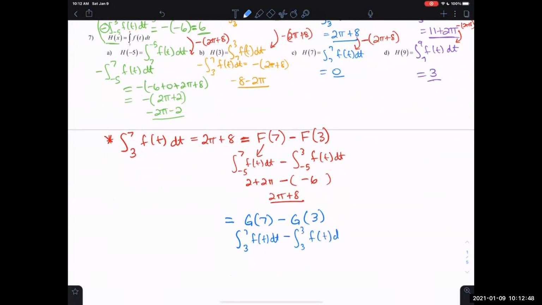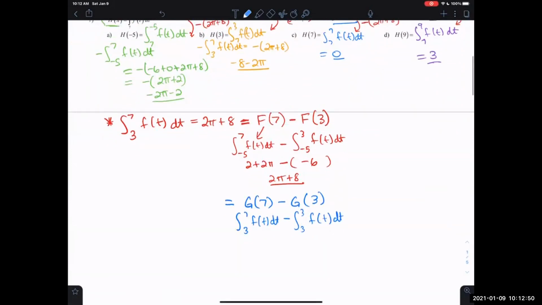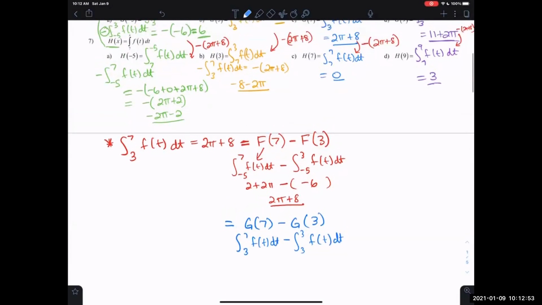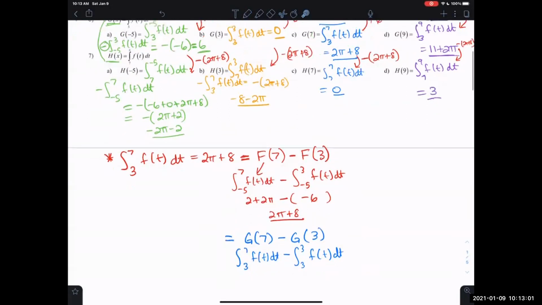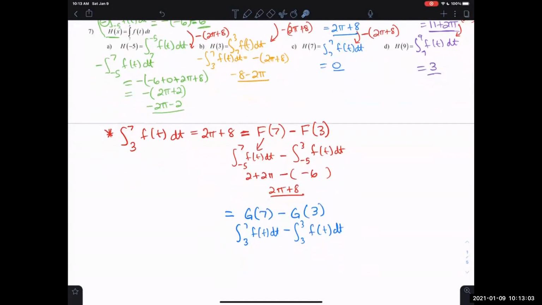Recognize that one. So I just have to reference back. 3 to 7 on G is right here, and that was equivalent to 2 pi plus 8 itself. So 2 pi plus 8 minus, and then from 3 to 3, that's that zero property of integrals. So we've got 2 pi plus 8 as our answer.